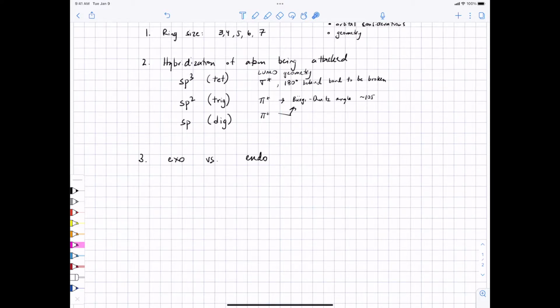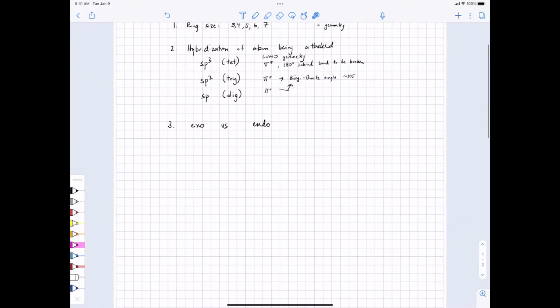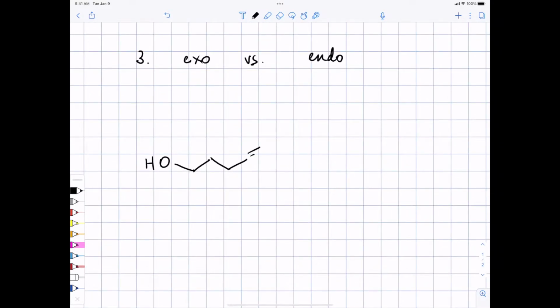So as an example, this is hard to learn without examples, so let me give you one. This would be an intramolecular conjugate addition reaction. So we'll put an alkyne there, and then conjugated to it, we'll put a carbonyl.